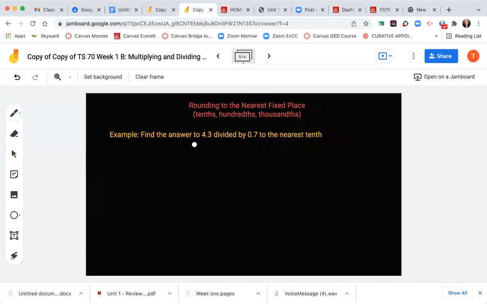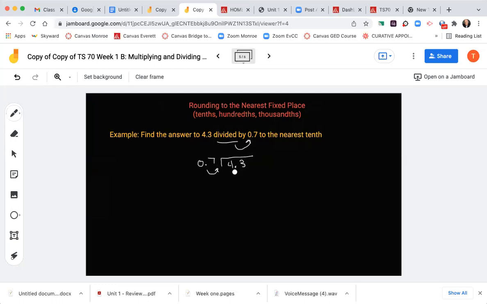Example, find the answer of 4.3 divided by 0.7 to the nearest tenth. And you'll get some of this kind of thing in your homework. So as a division problem, that looks like this: 0.7, because it says divided by. Okay, we're dividing this into 4.3.